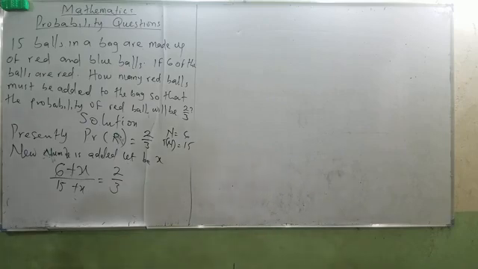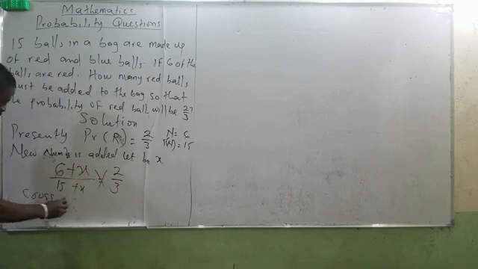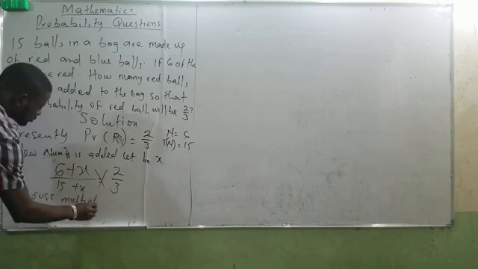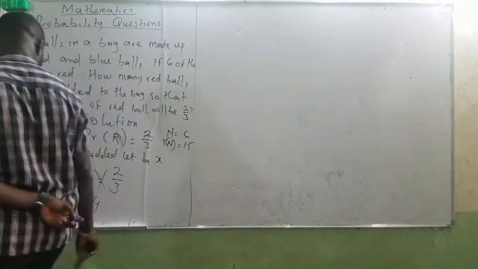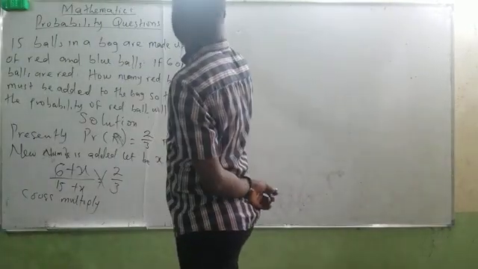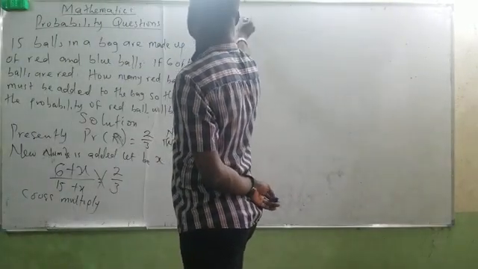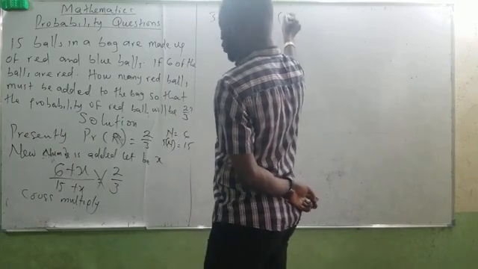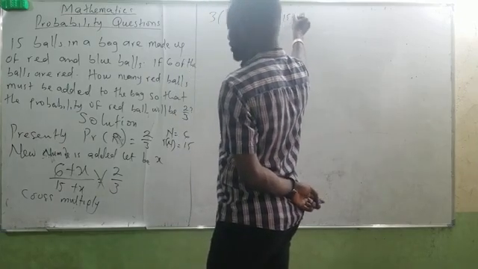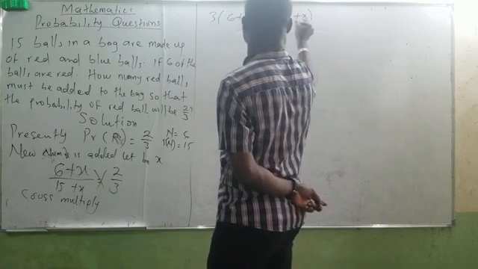Now, when I cross multiply, I'll be having 3 bracket of 6 plus x equals 2 bracket of 15 plus x.